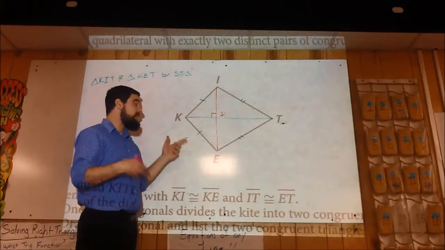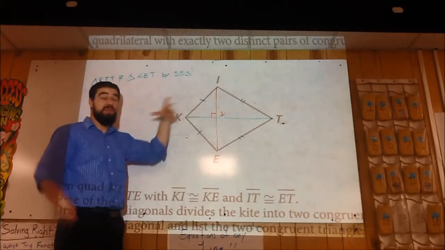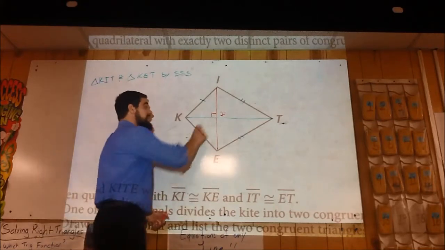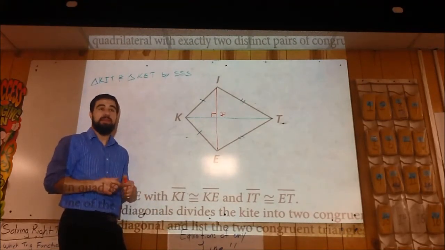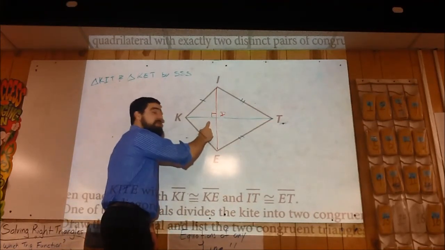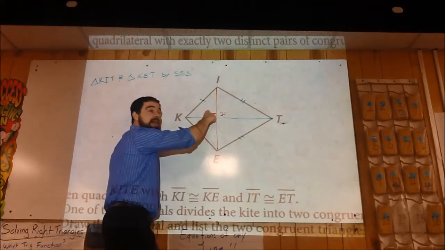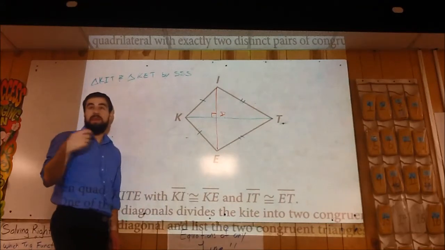So right now, I know that I need to show that the measure of this angle is 90 degrees. Well, the only thing I know about the measurements is that these two add up to be 180 degrees. Well, if this one was 90 degrees, and this one was 90 degrees, then they would sum up to be 180 degrees, right? So if two angles have the same measure, then they are what?